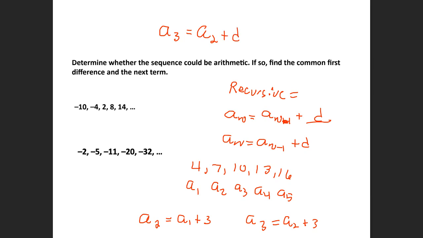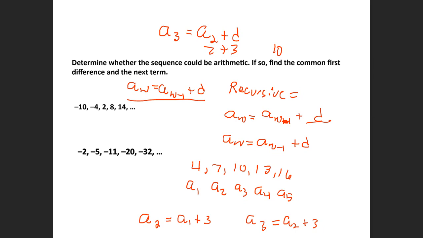So a sub 2 here is 7. 7 plus 3 is 10. So it's always going to look like this: a sub n is equal to a sub n minus 1, that's a subscript, plus d. Okay, that's how we find a recursive formula.